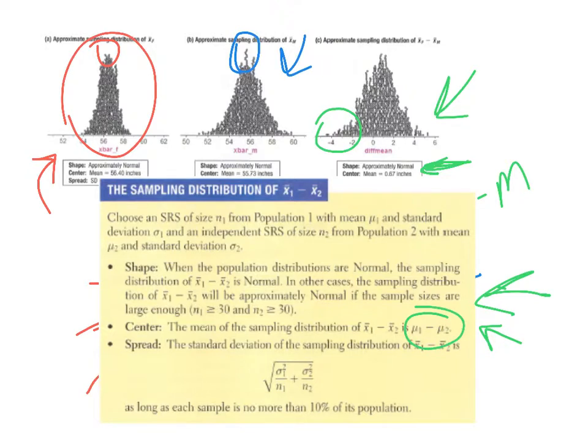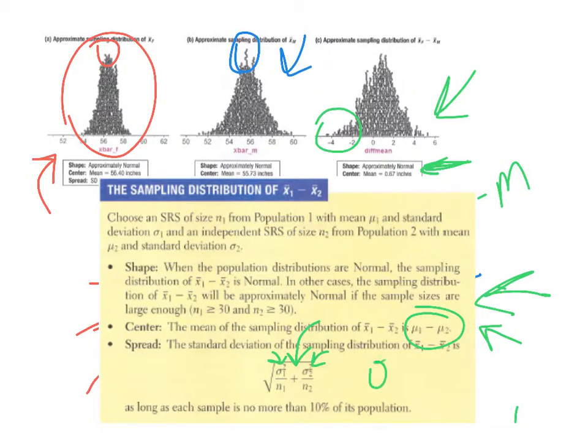And then my standard deviation, okay, same as before, I'm adding here. Okay, so I take my standard deviation of the first sample, add it to the standard deviation of the second sample, okay, and then I'm going to take the square root of those, and you'll notice this standard deviation is squared, this one is squared, divided by the sample.